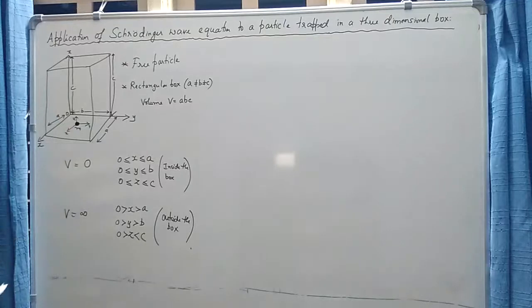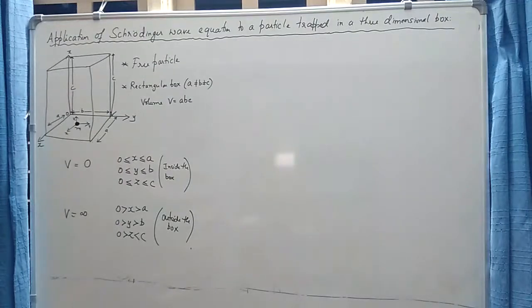So shown here is the representation of the system, that is a particle of mass m trapped in a 3-dimensional rectangular box. Again, the particle is a free particle. What do you mean by a free particle? No force is acting on the particle, and if no force acts on a particle, the potential energy of the system remains constant.